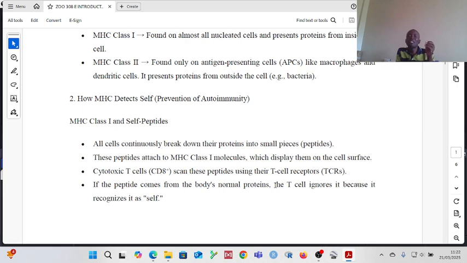So it is now the CD8 to look at the peptides that are being displayed on the cell surface to establish whether they belong to a normal body cell or whether they are not. So if the CD8 recognizes them to be coming from a body cell, and if they are normal, then the T cells will ignore them because they are part of its own.